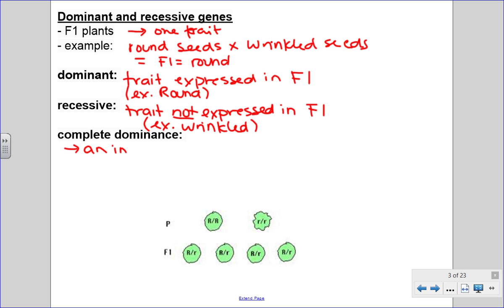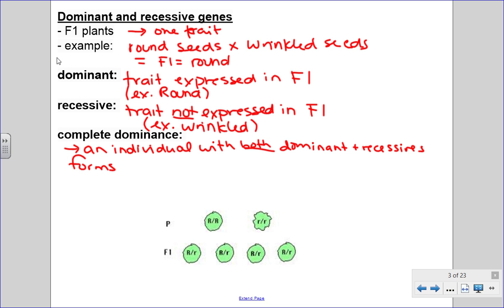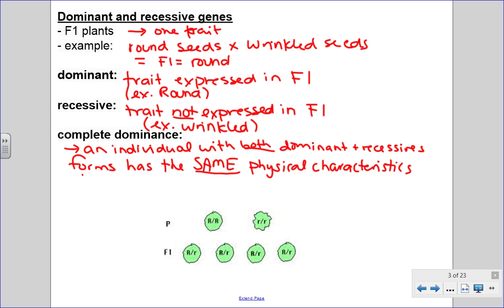This means an individual with both dominant and recessive forms, so an individual that has a copy of the dominant gene and a copy of the recessive gene, has the same physical characteristics as an individual with two dominant forms.